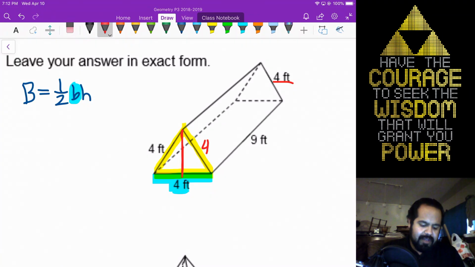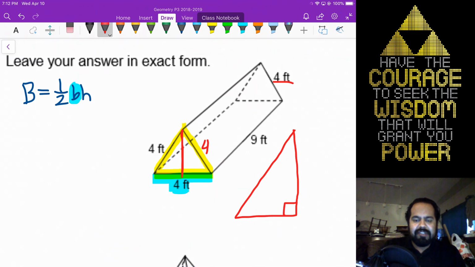So right away, I'm noticing that we need to use a special right triangle. How did I know it's a special right triangle? Well, it's an equilateral triangle, so that means all 3 of those angles should be 60 degrees. When we draw the altitude in, it's going to cut that angle up top in half. So we automatically get a 30, 60, 90 triangle.